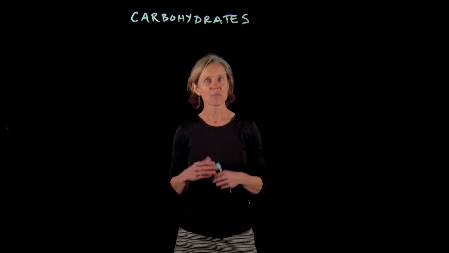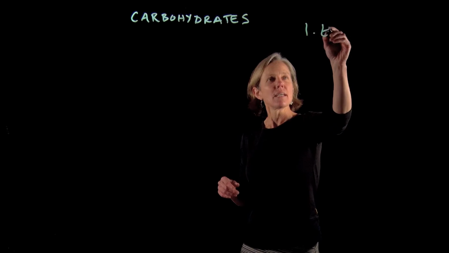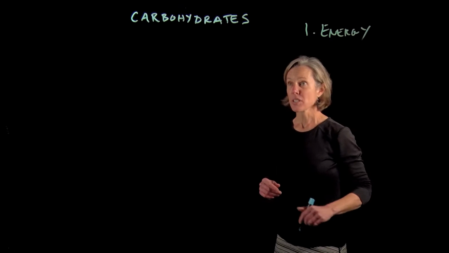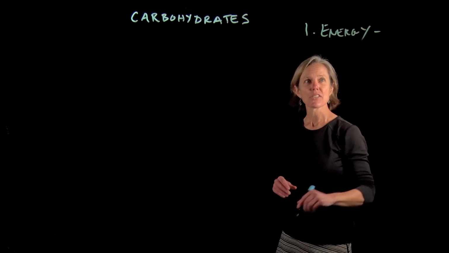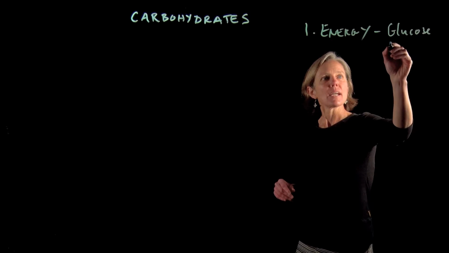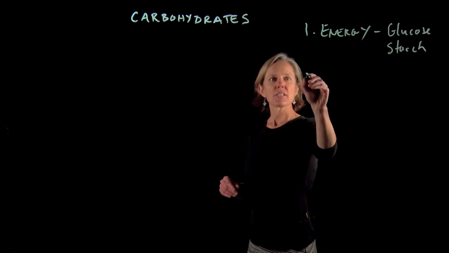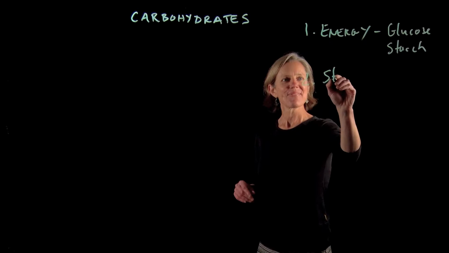Okay, so let's start with the 3 functions of carbohydrates. 1, they're used for energy. Fortunately, they're also very tasty. So the carbohydrates that are used for energy include molecules like glucose and starch. The second function of carbohydrates is for structure.